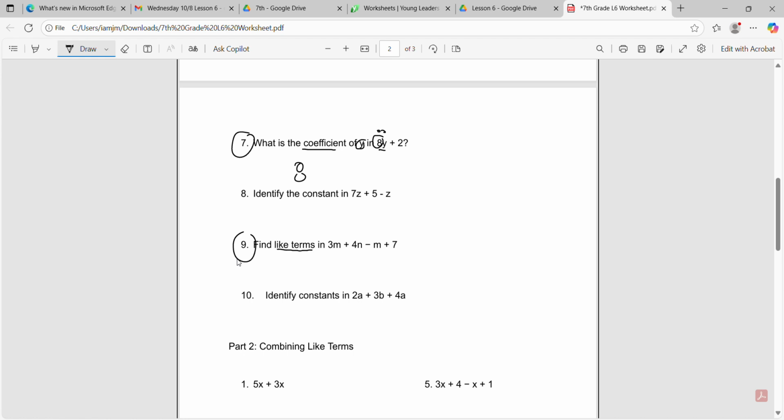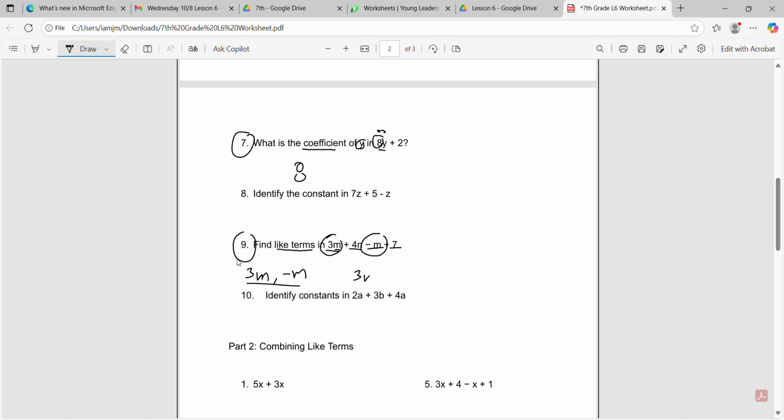Find like terms in 3m plus 4n minus m plus 7. We can only combine like terms, which means they're going to have the same variable, which is 3m and negative m. These are our like terms.